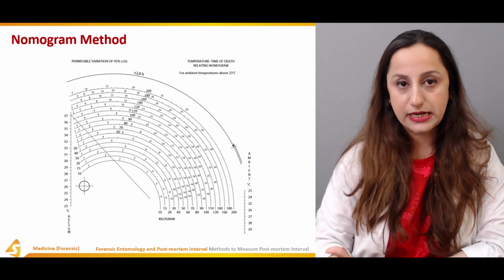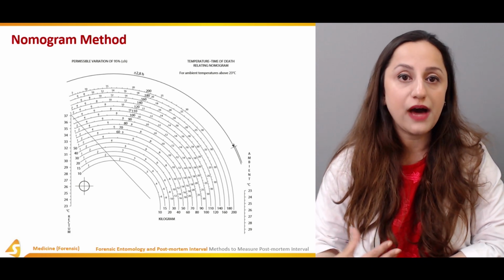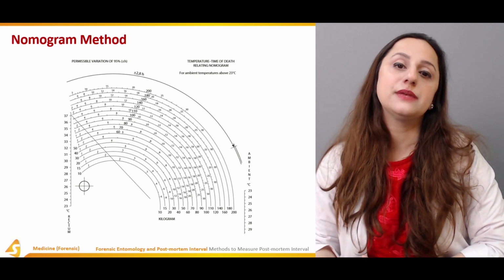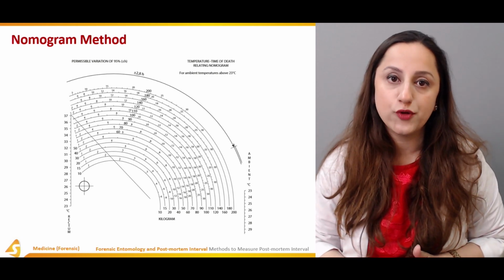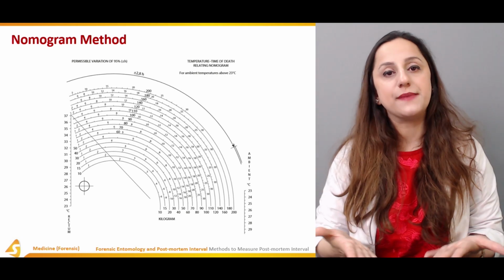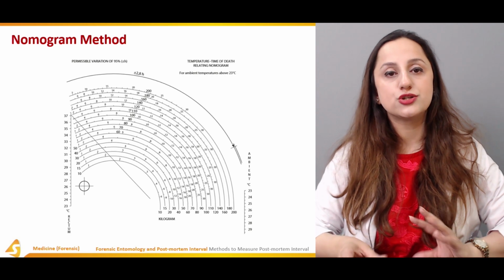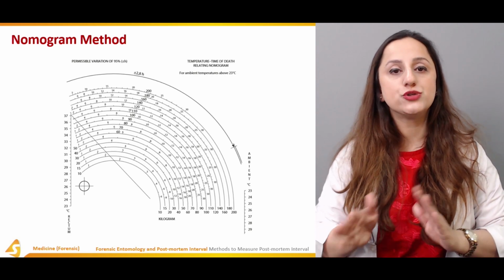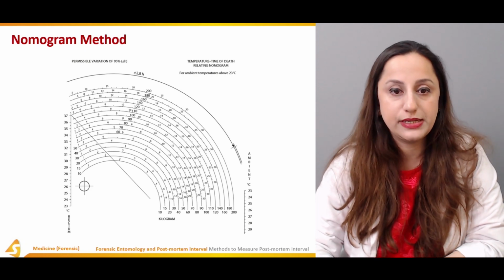There are a lot of other factors, as I've already told you: the clothing, the type of posture the person was found in at death, the atmospheric temperature, whether there was any hemorrhage that took place before death or not. All these variables basically contribute, but still these nomograms are applicable, and they can be applied to the calculations of 4 to 6 hours. So they're quite helpful actually.